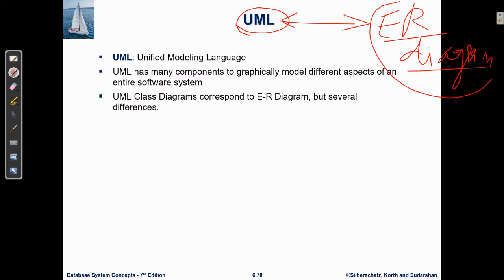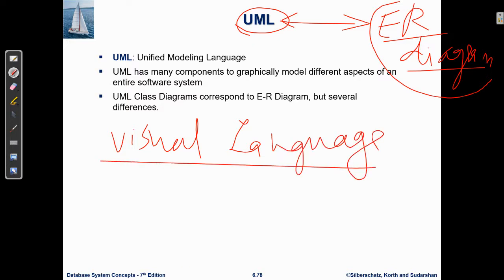So this UML is nothing but, if I have to give you the understanding, this is your visual language. Now, when you say visual language, it means this language will be related with some visuals, some pictorial views will be there.